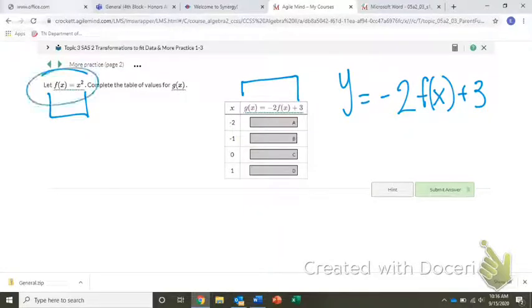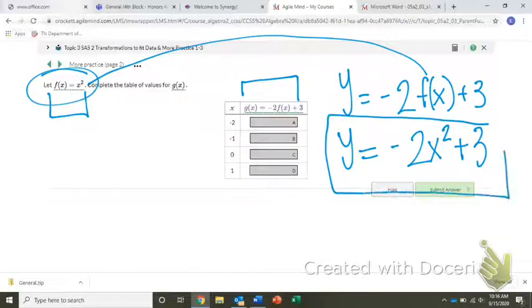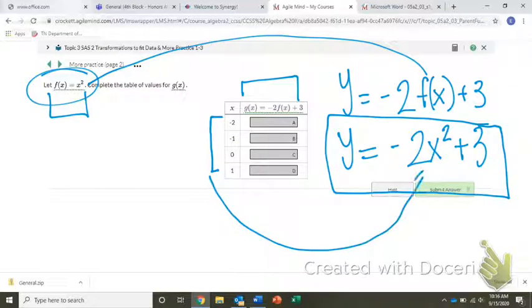We know f of x is x squared, so I'm literally plugging this in, guys. Y equals negative 2 x squared plus 3. You were using this function rule now. You were taking these values and you were plugging them each in separately for x to get out your y. So I'm going to do the first one with you.